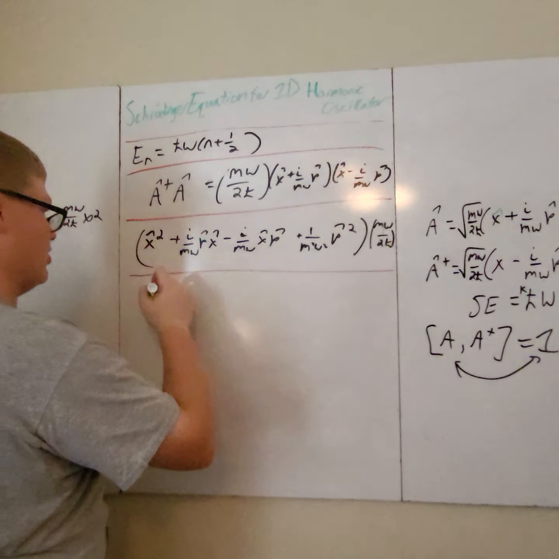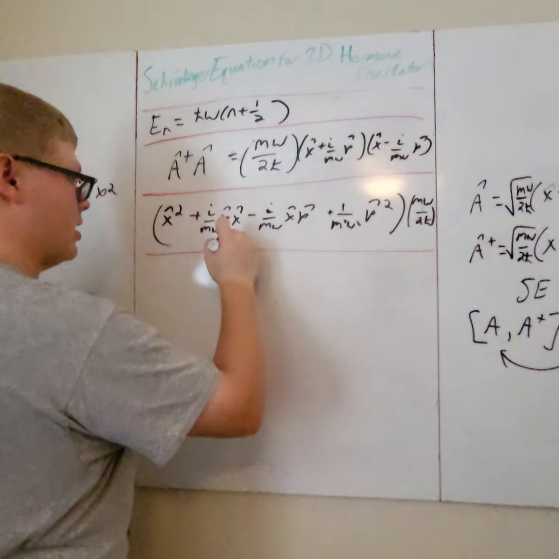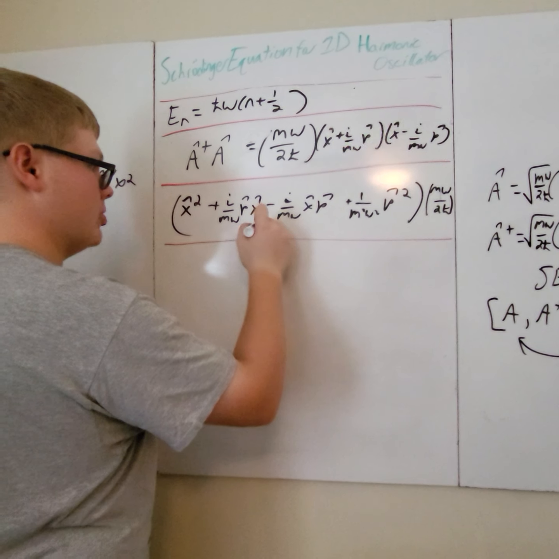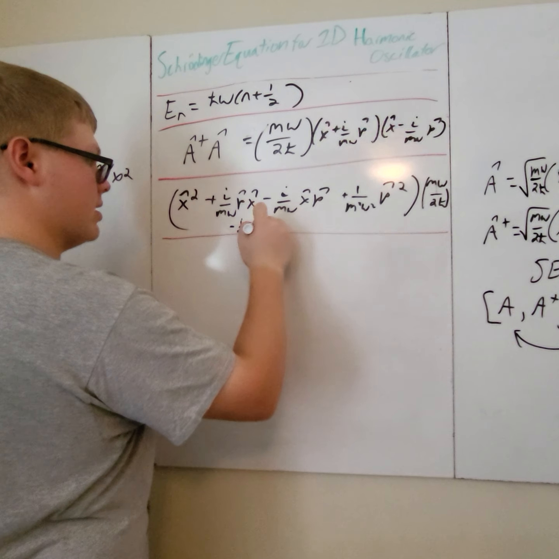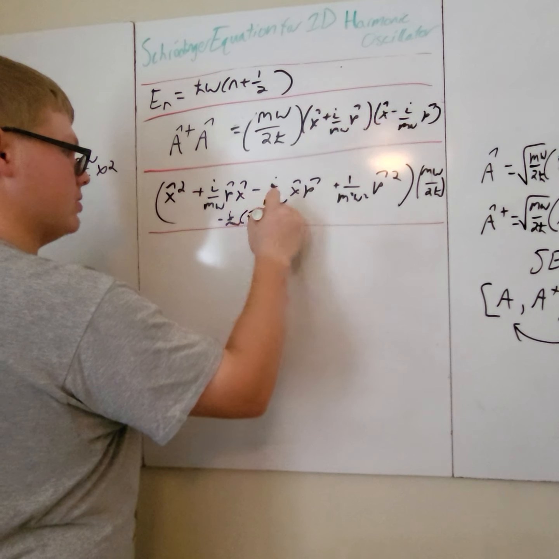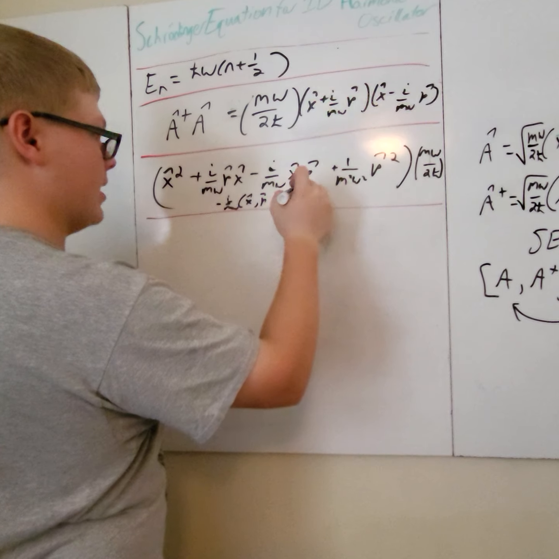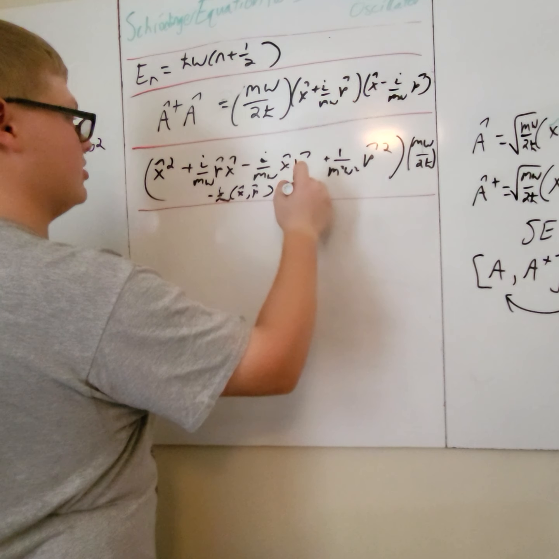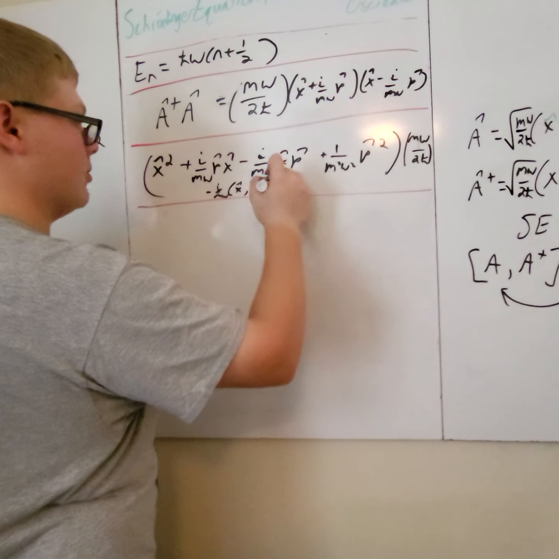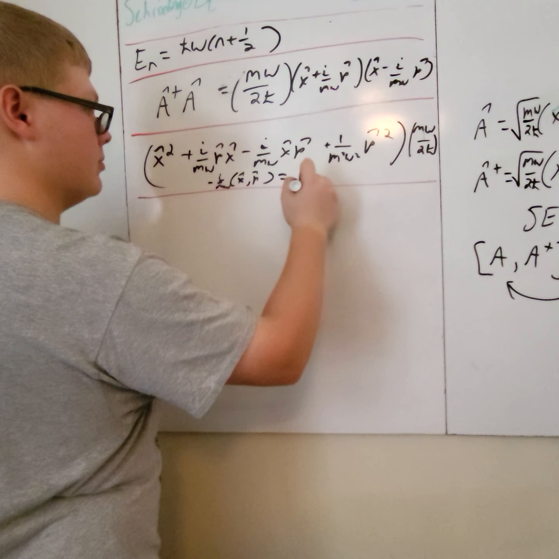And that's just equal to i over mw, that in the middle there, negative i times the commutator of x and p, which is just famously i h bar. So i times negative i times h bar over mw, that's just h bar over mw.